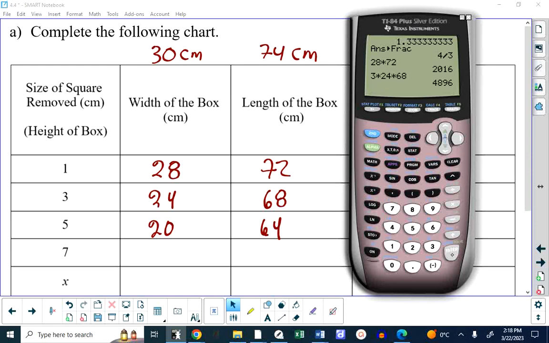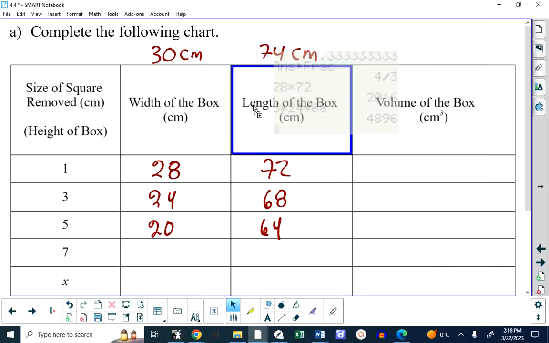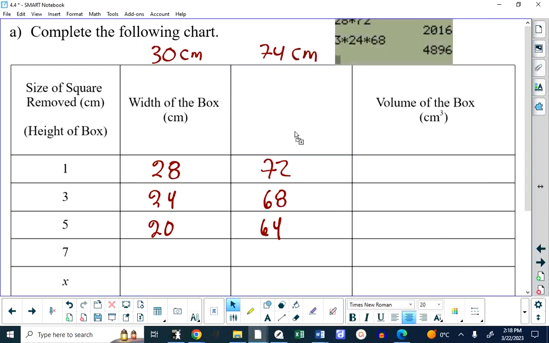And this next one is going to be 640, I believe. 6,400 rather. Right, 6,400. So 2016, 4896. I did not want to do that.